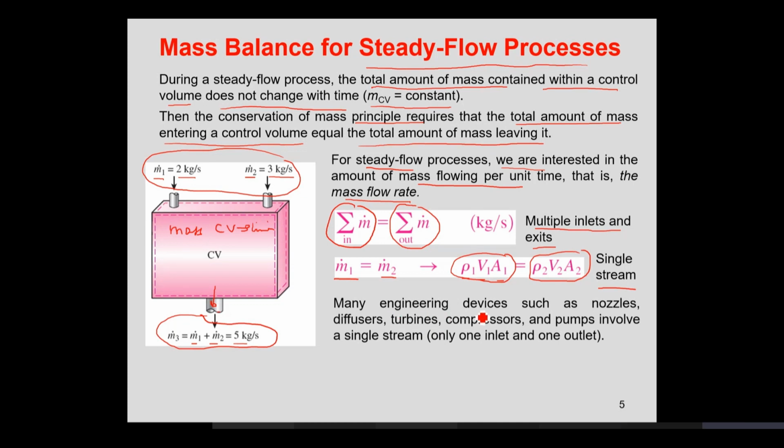As mentioned, many engineering devices such as nozzles, diffusers, turbines, compressors, and pumps involve a single stream, one inlet, one outlet. So they basically follow these two equations for a steady flow process, since we have dedicated this slide to steady flow processes. A special case of a steady flow process is incompressible flow.